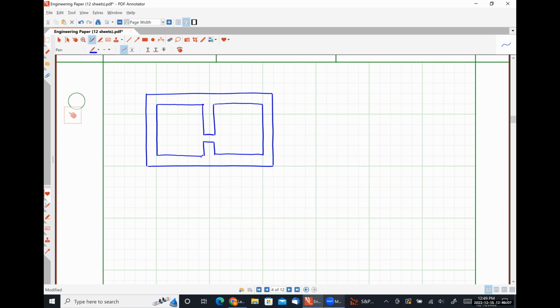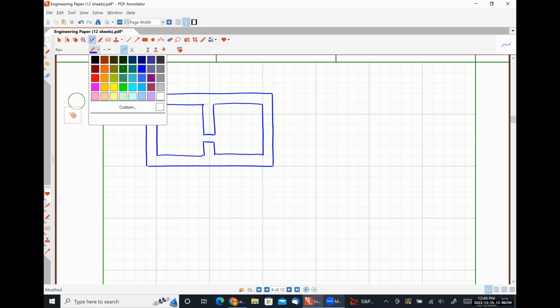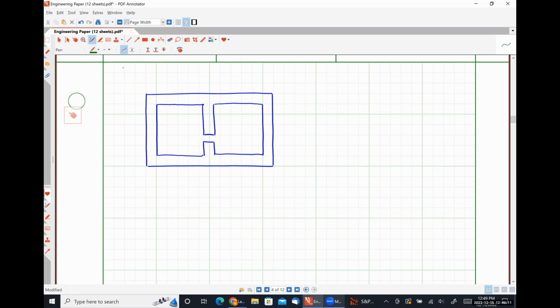All right, so let's define some quantities here. So let's call this length L1. Let's call this length L2. Let's call this length L3.